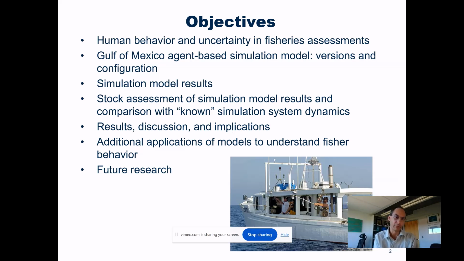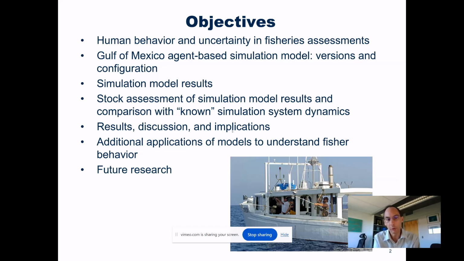I'll go through quickly how the simulation model is structured. The simulation model essentially develops fishery-dependent data, which is then put into Stock Synthesis 3 for the species that are in the model, and an assessment is run.